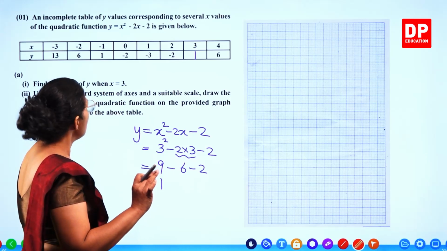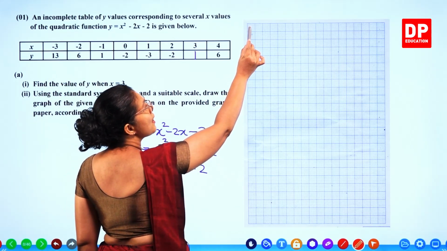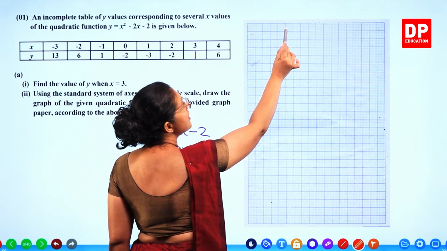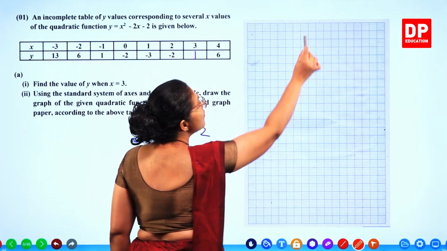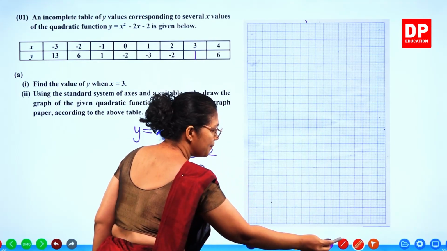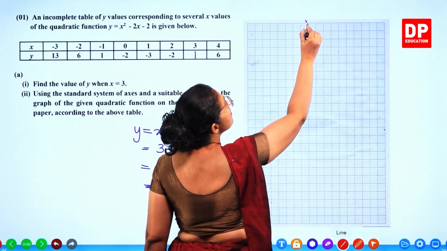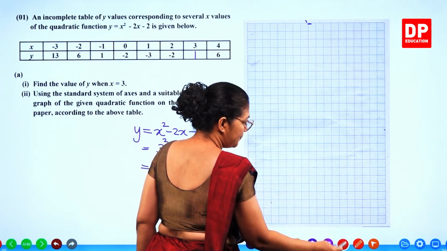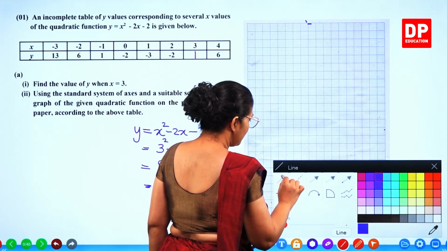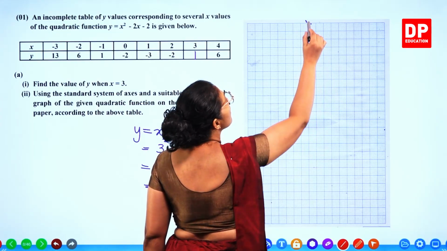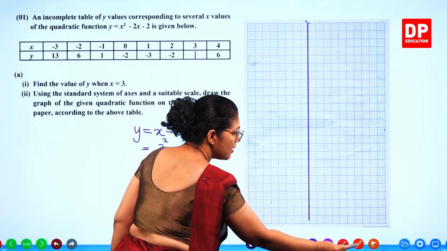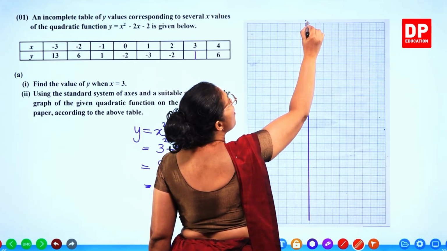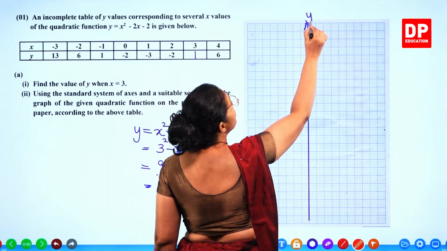So first thing, you start from minus 3. Minus 3, minus 2, minus 1, 0. So we can draw the y-axis here. So let's first draw the y-axis here. And then you can scale it from the maximum value.